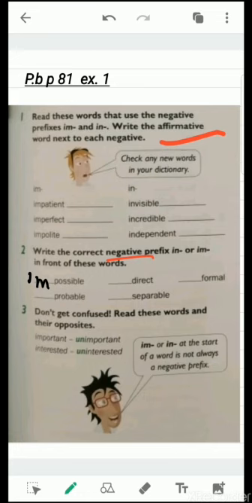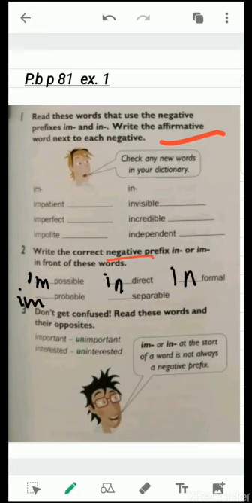Direct, indirect. Formal, informal. Probable, improbable. We have im here.